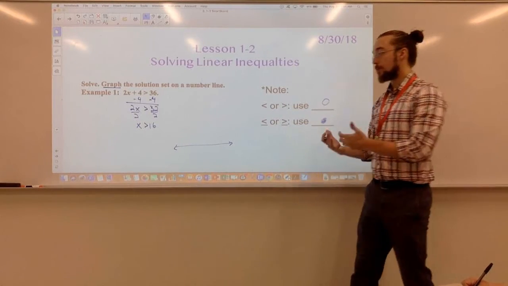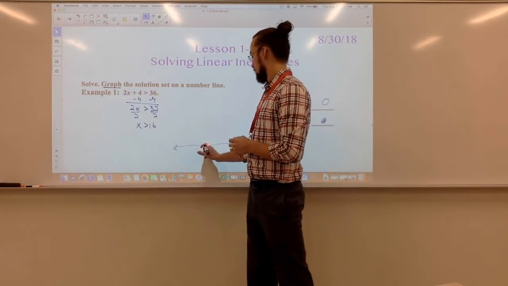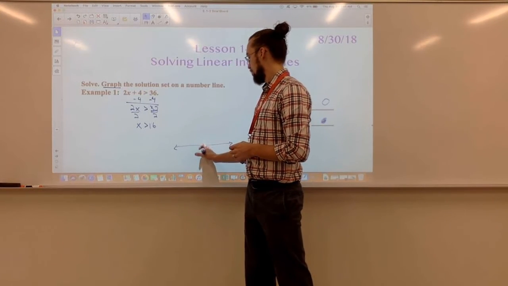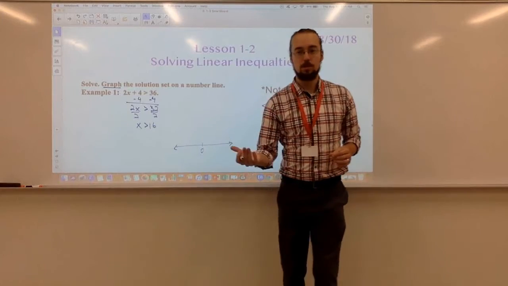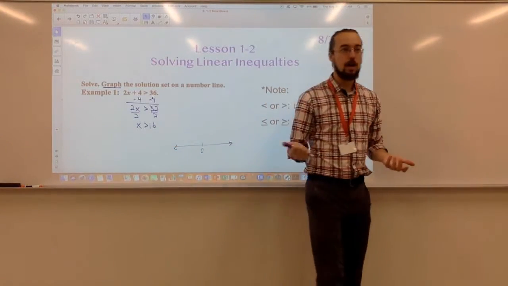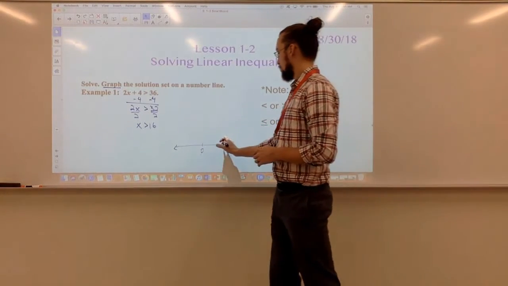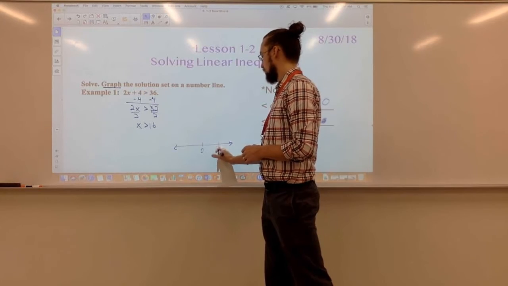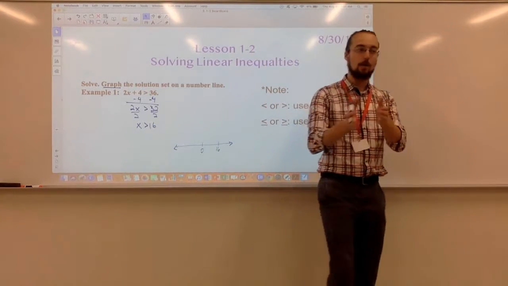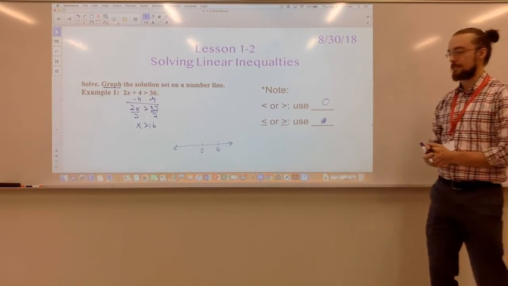If I wanted to graph this solution set, usually what we do is mark 0 on the number line, and then mark where our value is. 16 is going to be to the right of 0, so I'm going to just mark 16 over here somewhere. You don't have to count out every single spot, you don't have to mark 1, 2, 3, 4, 5 all the way up to 16.